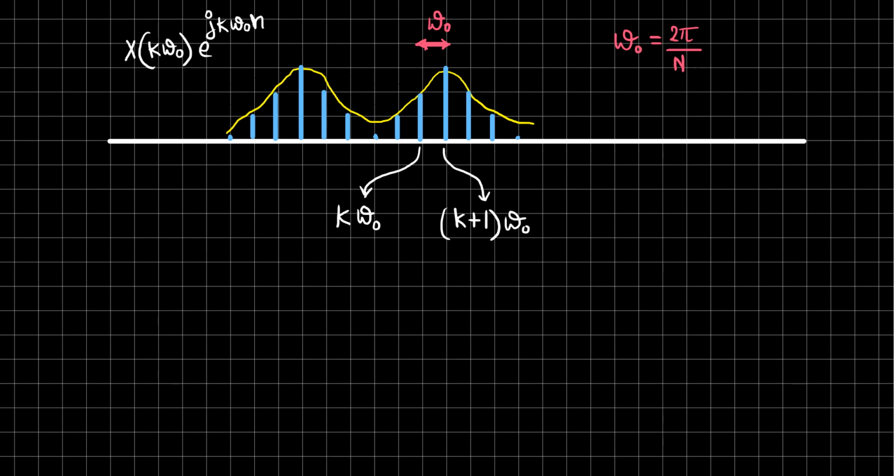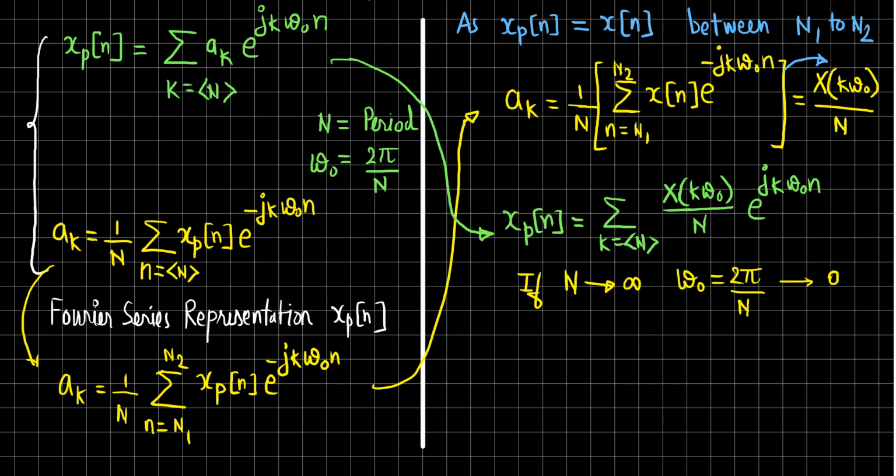Let that continuous variable be small omega. So let small omega be k times omega naught, where when N tends to infinity, omega naught tends to 0, and therefore omega takes the shape of a continuous variable.